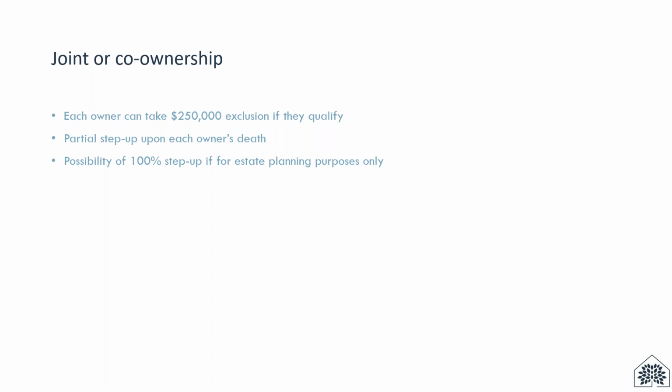If it's really been treated as the parent's house throughout their life, and in some cases the child doesn't even know they have an interest in the property, you can certainly make the case to the IRS that you should get a full 100% step up.